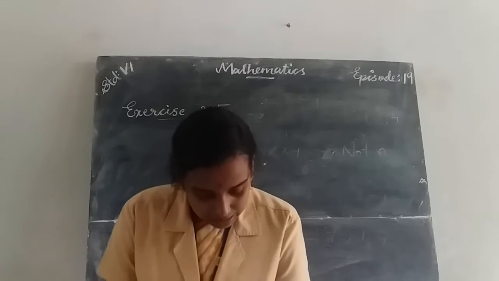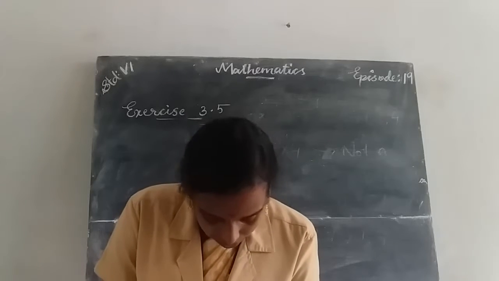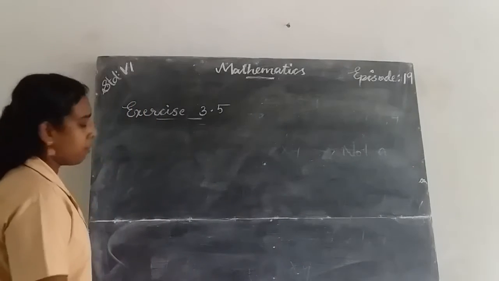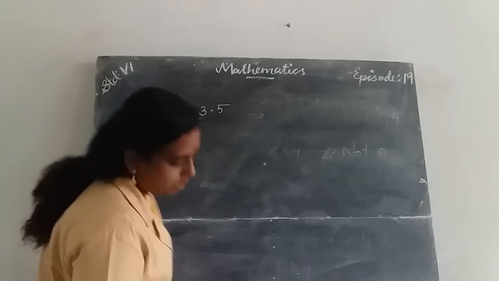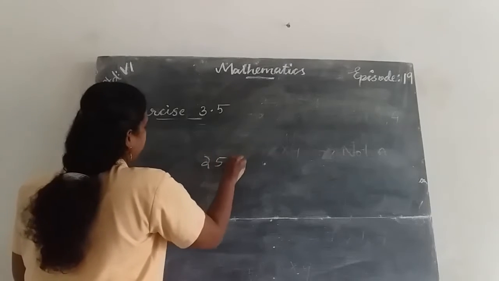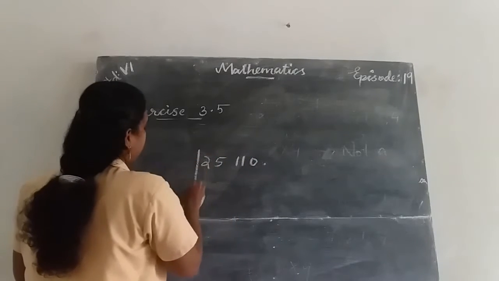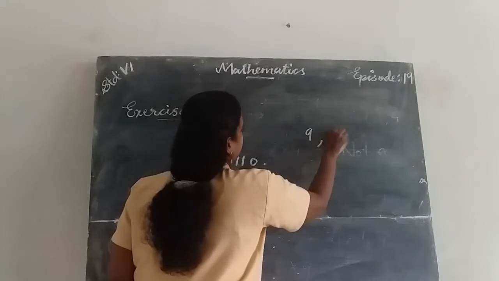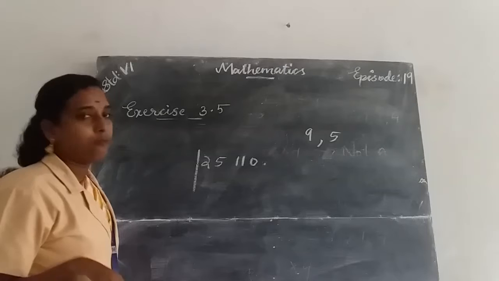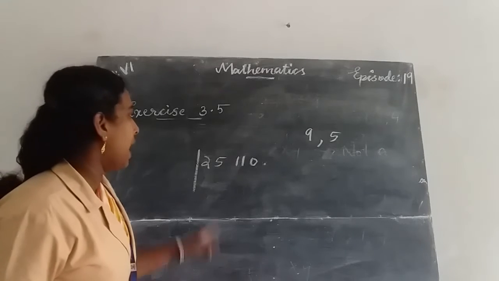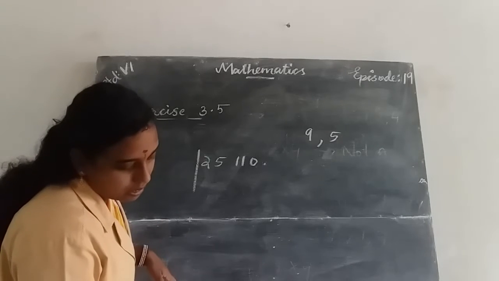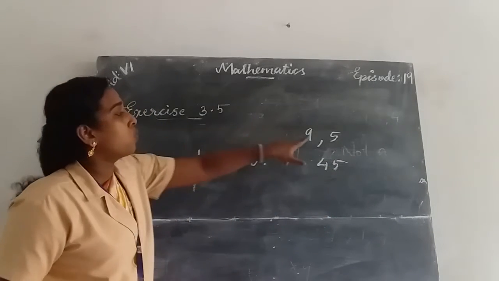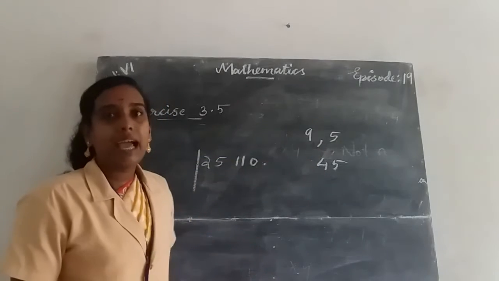If the number is divisible by both 5 and 9, then the number is divisible by 45. Here the given number is 25,110. 9 and 5 are co-prime, and we want to check the divisibility by 45. 45 is the product of 9 and 5.